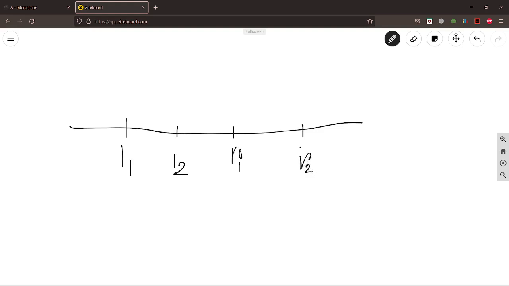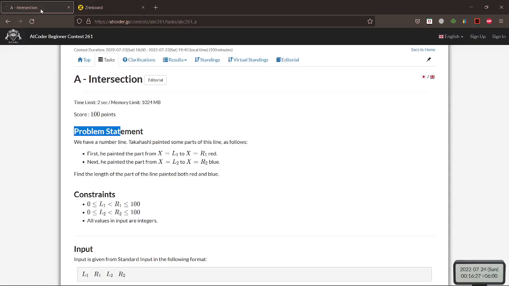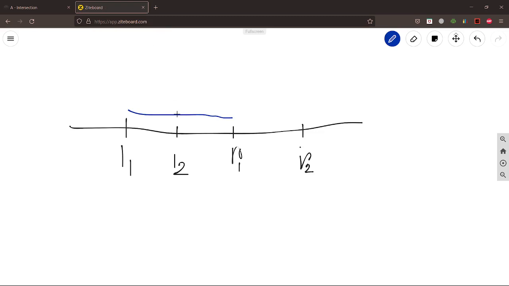Okay, so in the problem statement it is said the range number 1, this is L1 to R1, is painted red, and range number 2, L2 to R2, is painted blue.